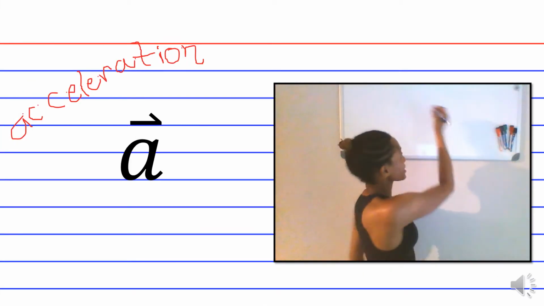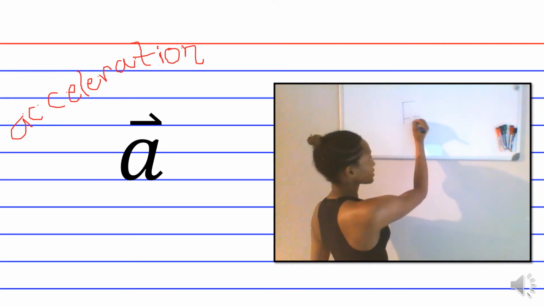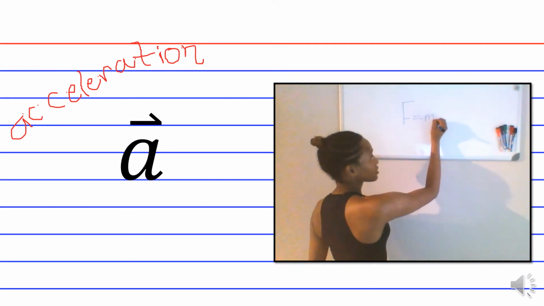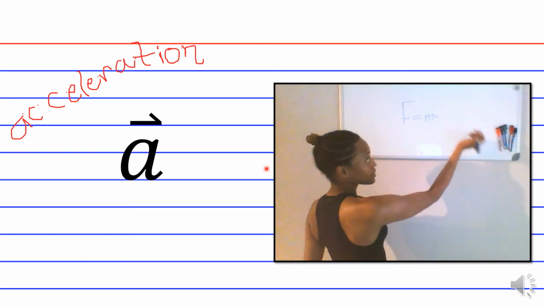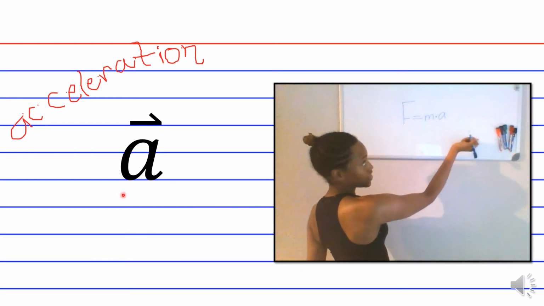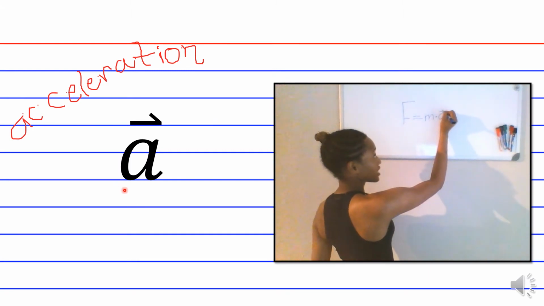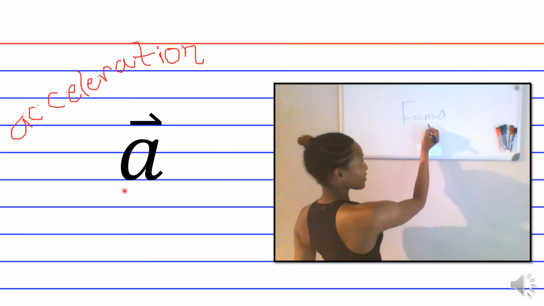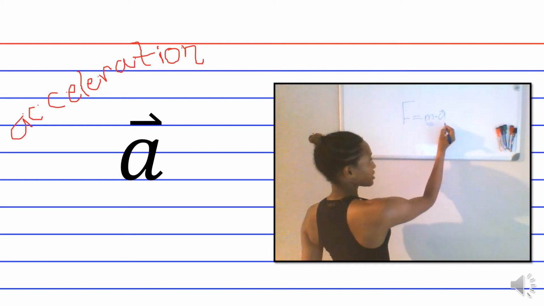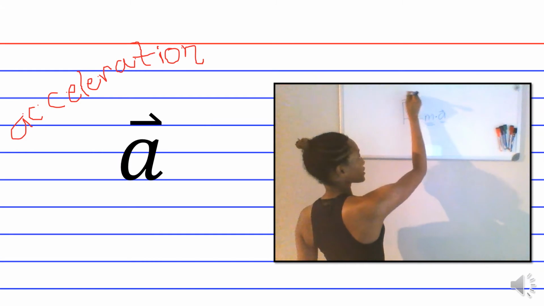Force is the product of the mass of an object multiplied by the acceleration. Acceleration is the answer, the changing velocity, or maybe not changing velocity. So we have a scalar times a vector, making force a vector quantity.